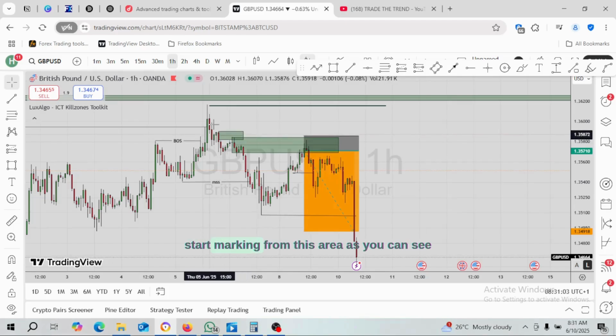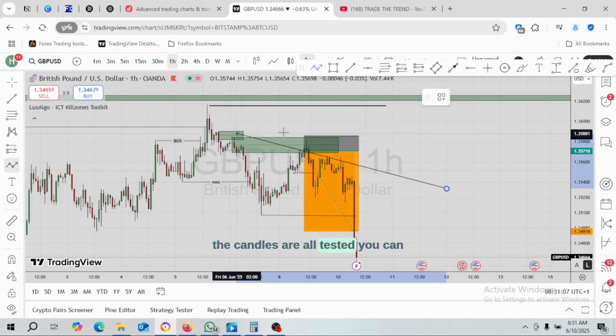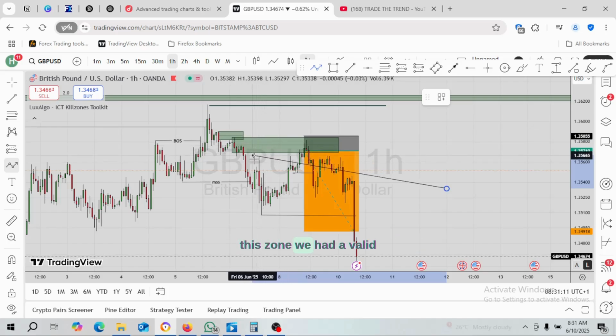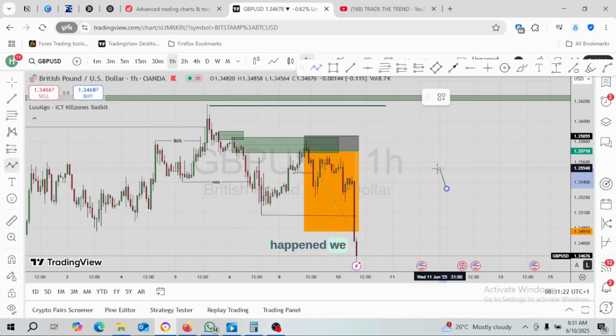Now if I start marking from these areas, you can see the candles are all tested. You can see at this point, the candle has been tested. Coming to this zone, we had a valid area at this point. We had an impulse candle to the downside, and what happened?